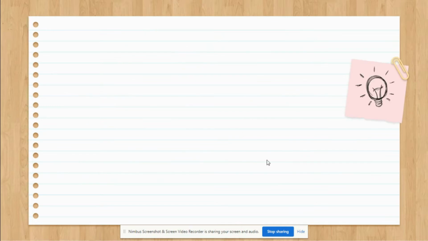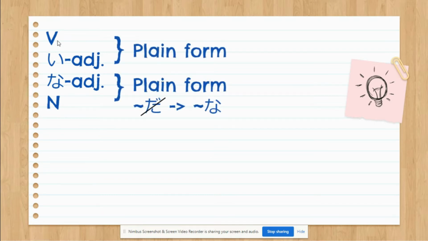Before we discuss the different uses of en desu, let us first discuss how to conjugate a word when we connect it to en desu. We have here the verb, i adjective, na adjective, and the noun. For verb and i adjective, we just have to conjugate it to its respective plain form.